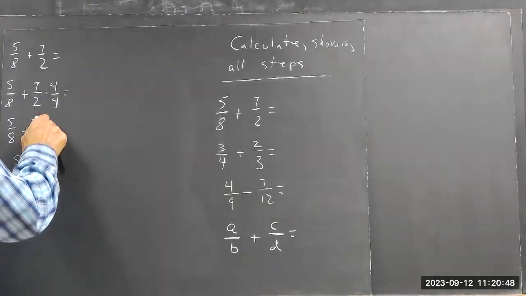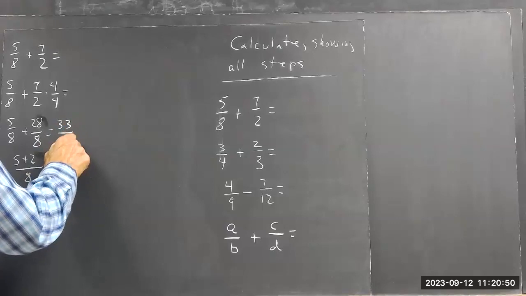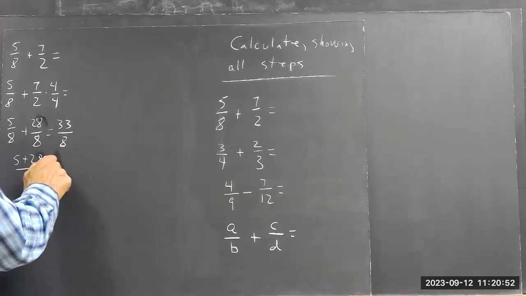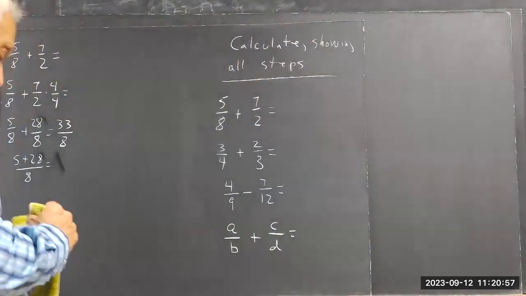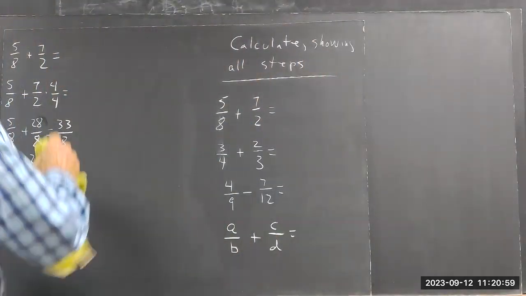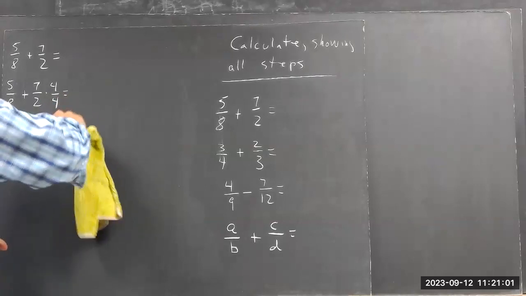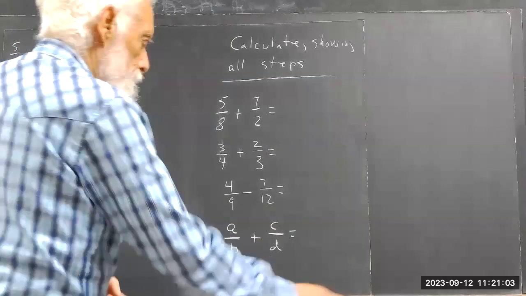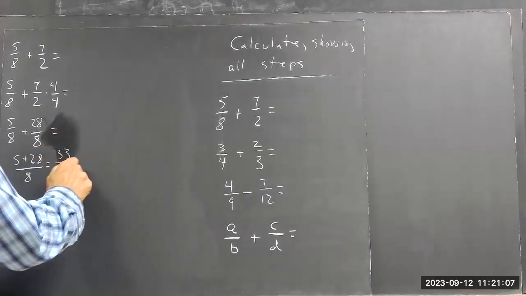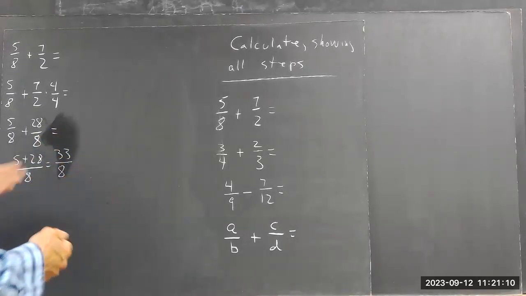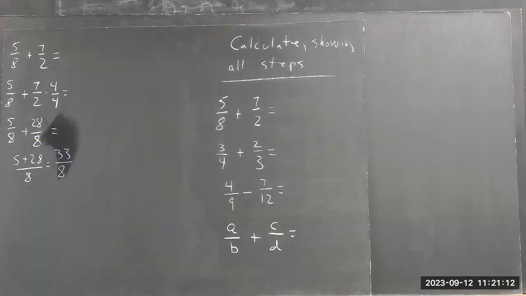Okay, it's 28 over 8. Down here, it's 33 over 8. And you know that, then you could write that as 4 1/8 if you want to, right? Everybody get that?